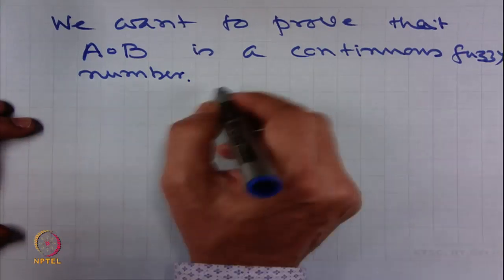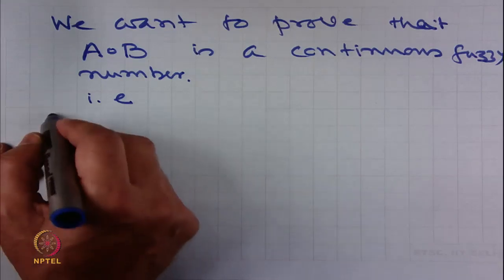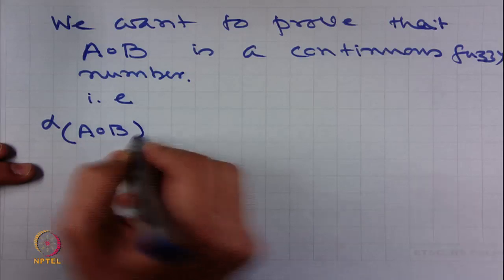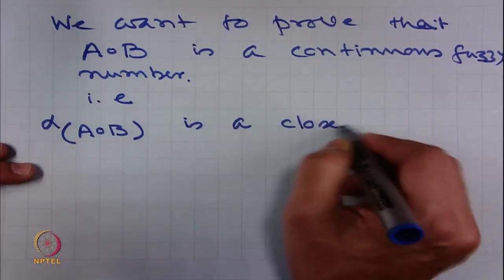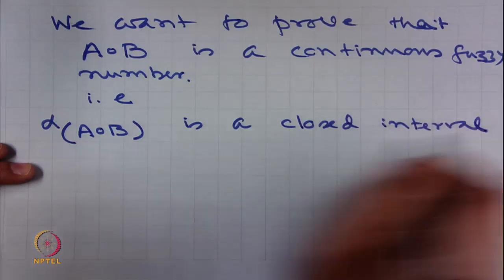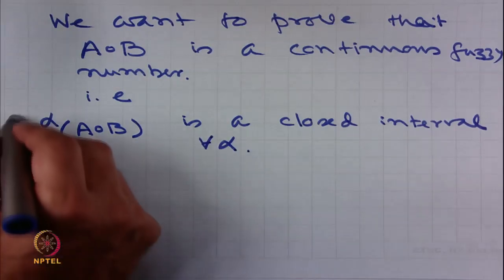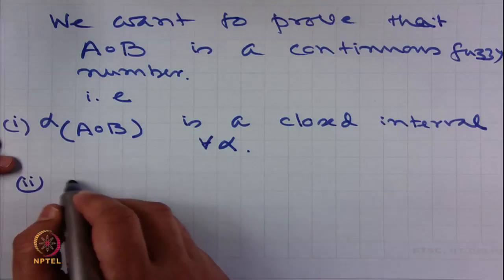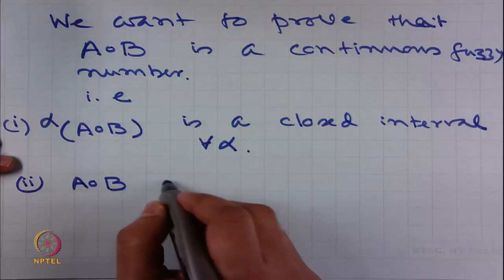That means the alpha cut of A * B is a closed interval for all alpha, and the second thing we need to prove is that A * B is continuous.